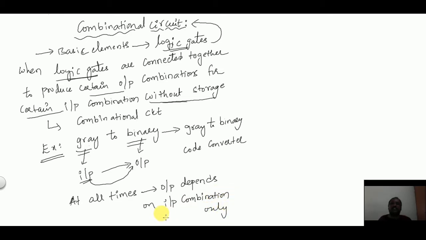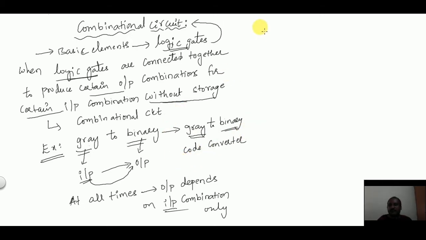It does not depend on previous inputs or any other thing. It depends only on the present input combination. Depending on the input, you will get the corresponding output. In this example, depending on the gray code you will get the corresponding binary code. So this is about the combinational circuit.